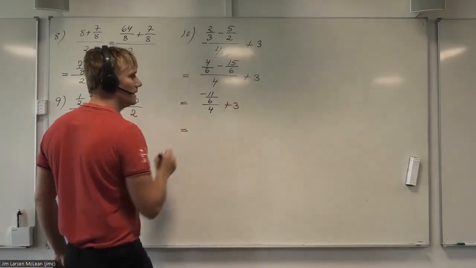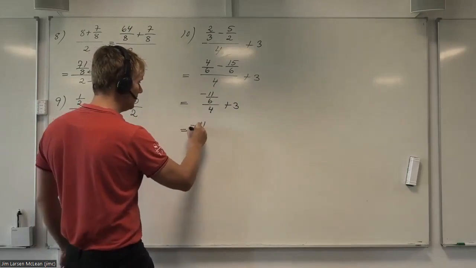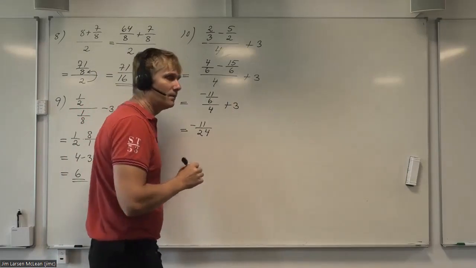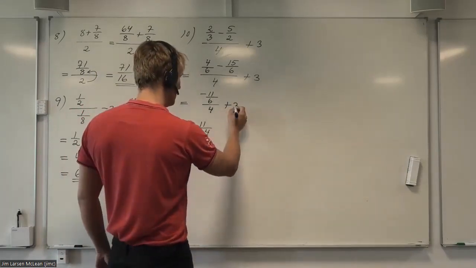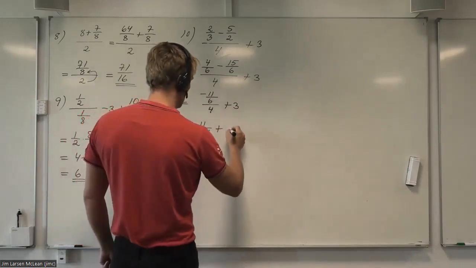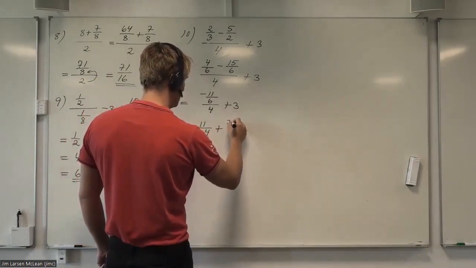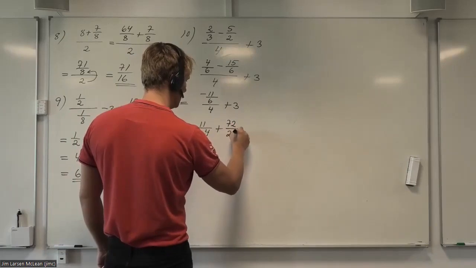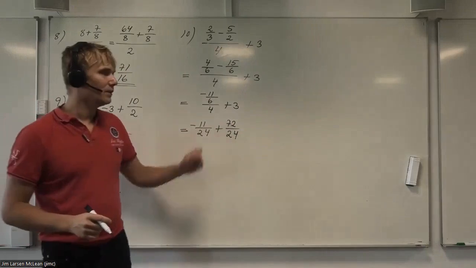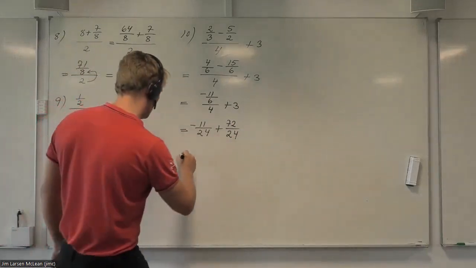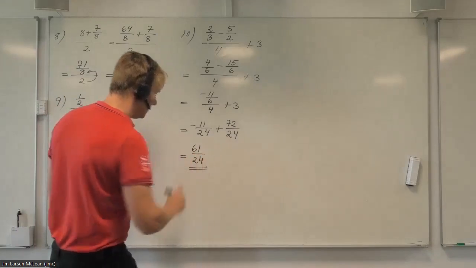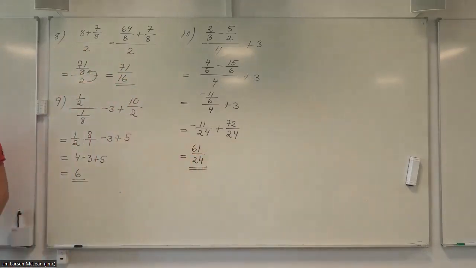Then I multiply 4 by 6, giving 24ths. So minus 11 over 24. And then I rewrite 3 as 24ths. 3 times 24, that's 72. So that's 72 over 24. And then I can just subtract the 11 from the 72, which gives 61. So we get 61/24, which is our final answer.